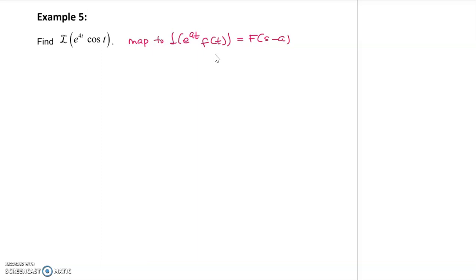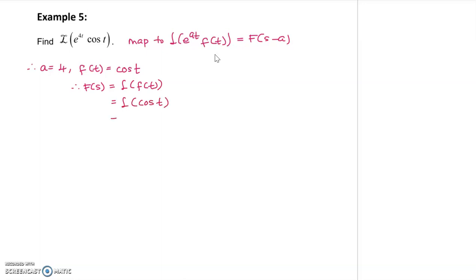We map e to the 4t and e to the at, so we know that our a is 4 and our f(t) is cos t. Based on the f(t), we need to get our F(s) by finding the Laplace transform of cos t.